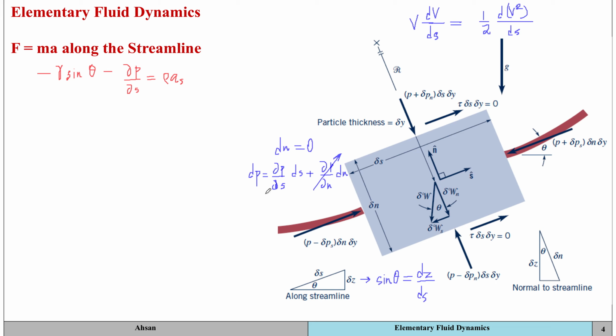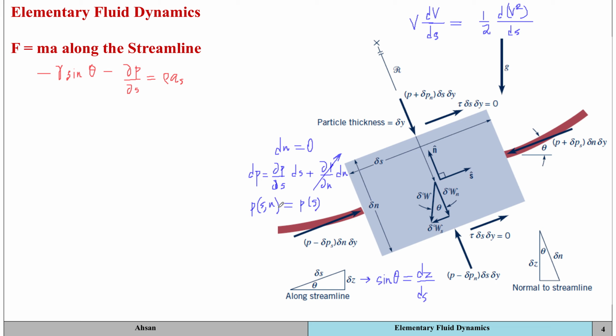And what that indicates is that the pressure, which is a function of s streamline and n normal, along the streamline, it is only a function of the streamline.